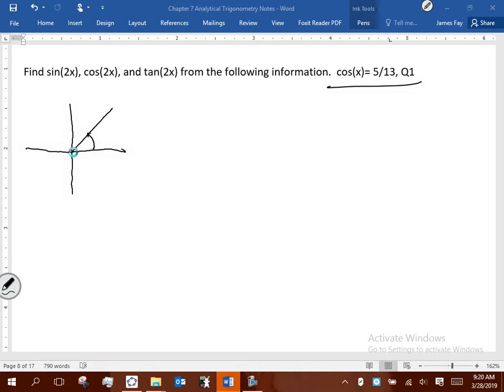Obviously, there's a circle here, but we can always take that terminal point where the ray intersects our circle and drop it down perpendicular to the x-axis, and we get that triangle, right? So the relationship between the circle and the triangle is very important in regards to sine and cosine, for the fact that right now it's telling me cosine is 5/13.